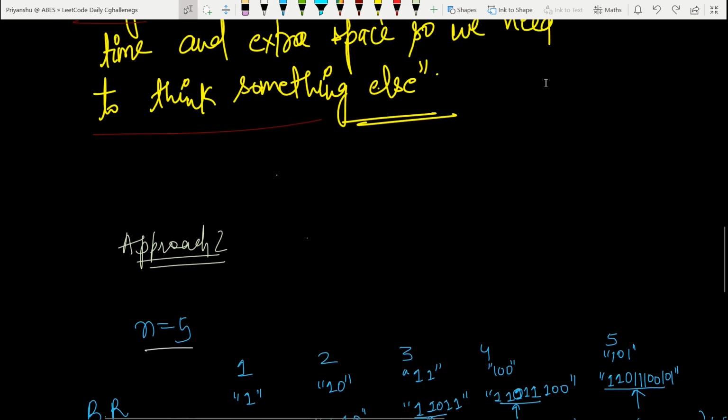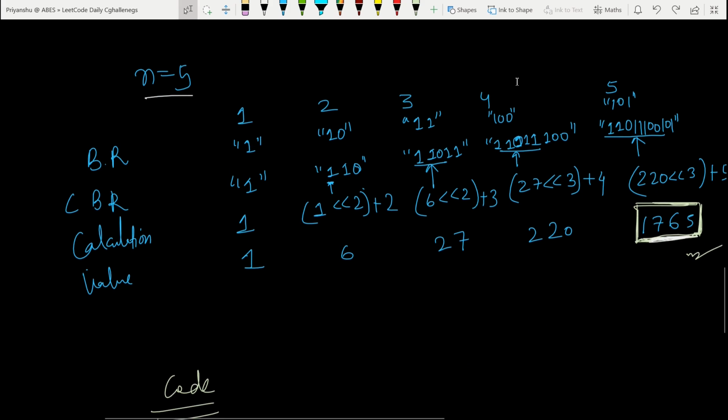Let us consider the similar case where we are given n equals 5. We have to concatenate the binary representations of the numbers 1 to 5. Initially I have written the binary representations of the individual numbers, for 1, 2, 3, 4 and 5.